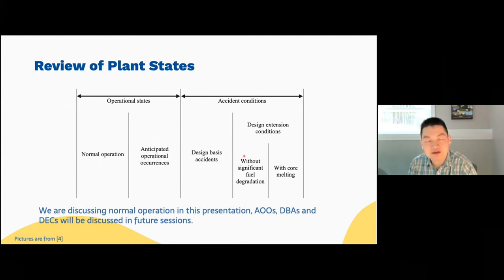The difference is that anticipated operational occurrences have a limit on the frequency of occurrence, which should be larger than 10 to the minus 2. And then in accident conditions, we have DBAs, and then we have design extension conditions.